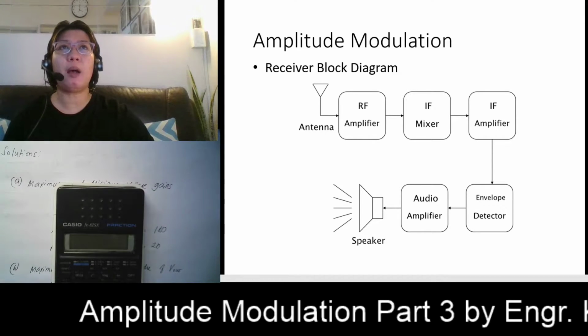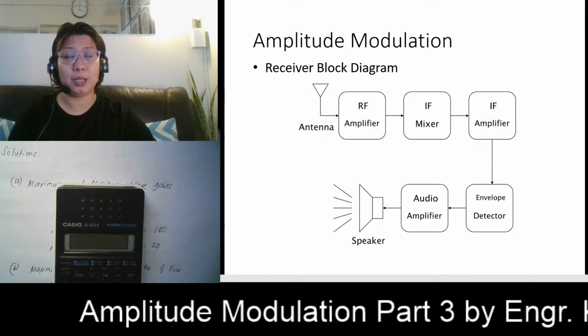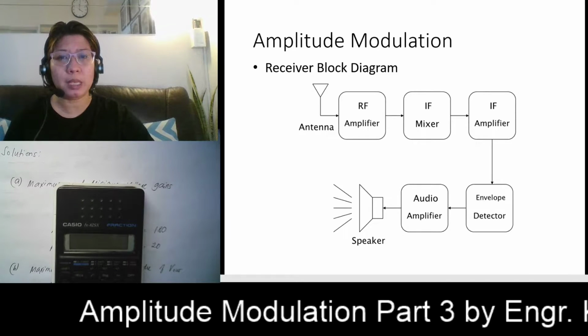And then we have the IF mixer. We cannot directly down convert your radio frequency to your audio frequency signal, so we have this intermediate frequency. IF here stands for intermediate frequency. This time we're going to make your frequency lower.